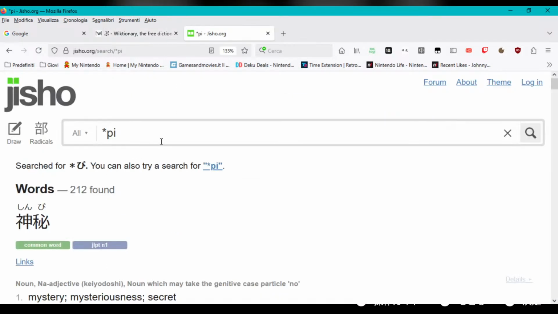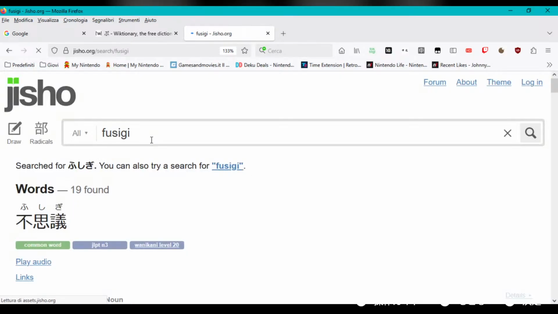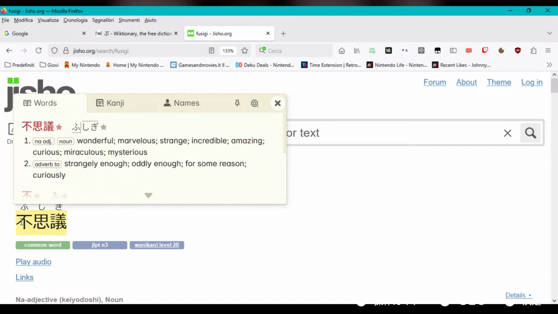Okay, we can now see some words. For example, fushigi, fushigi, which means wonderful, marvelous, but more often than not, actually, as in strange.